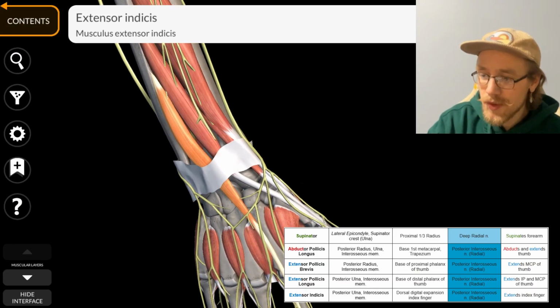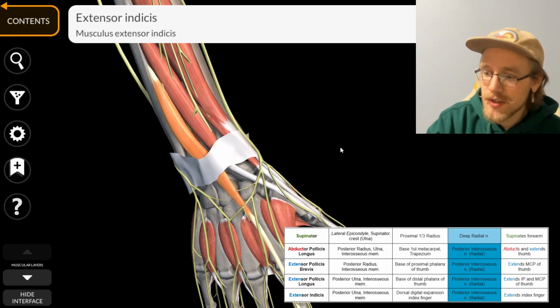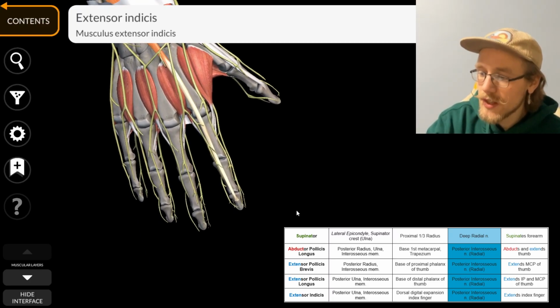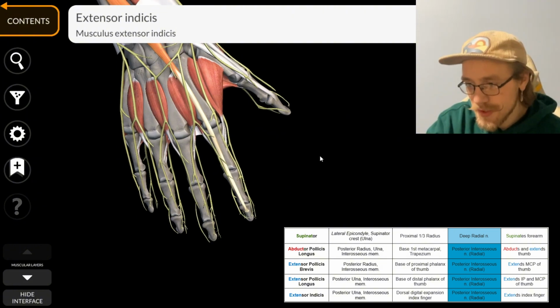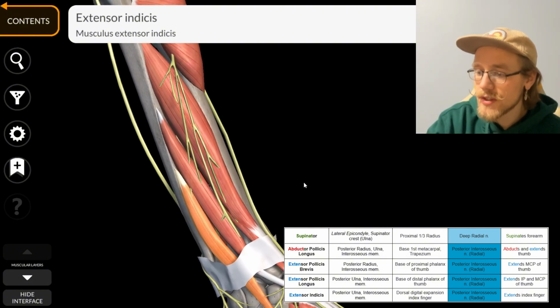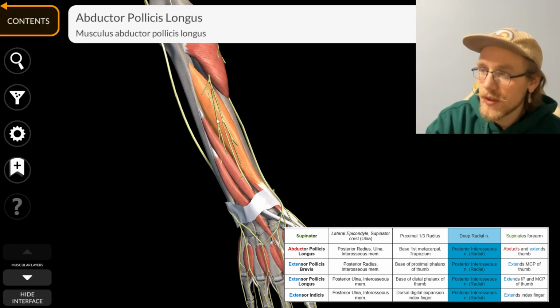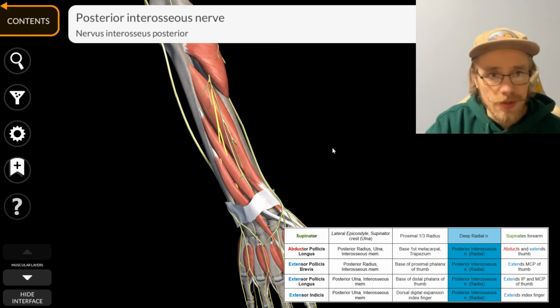That's going to go right from the posterior ulna and the interosseous membrane all the way down to the distal phalanx, and it's going to extend your index finger, and that's posterior interosseous as well. So all of those are posterior interosseous except for the supinator, which is deep radial. We can see that nerve right here, and that's all the muscles for the deep forearm.